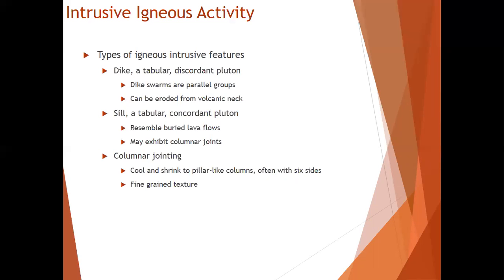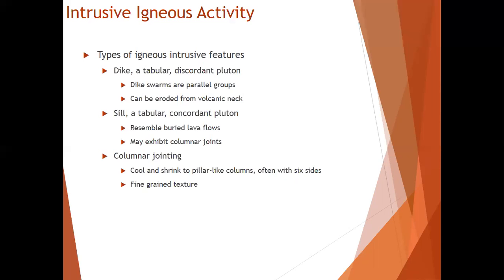And they may exhibit columnar jointing, which is our third category listed here. Columnar jointing are very interesting structures, as you'll see in 2 slides when we get to a picture. They were originally pillars or pillar-like columns, and they generally appear to be 6-sided.